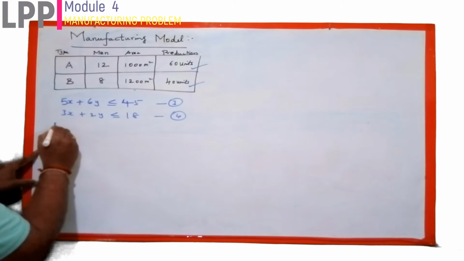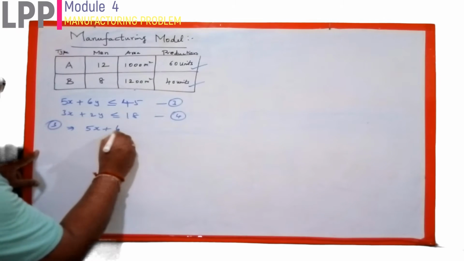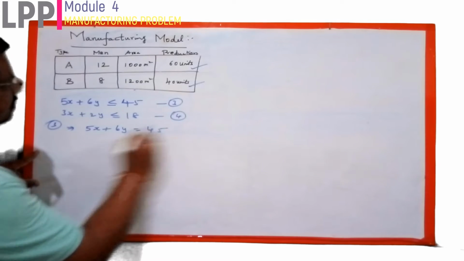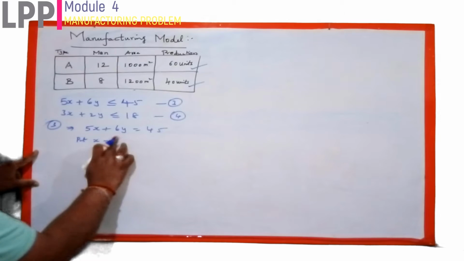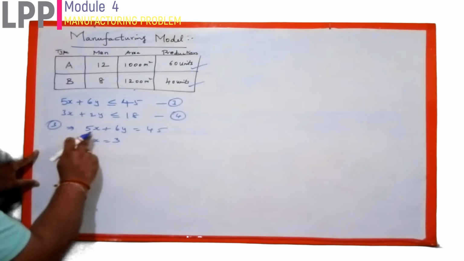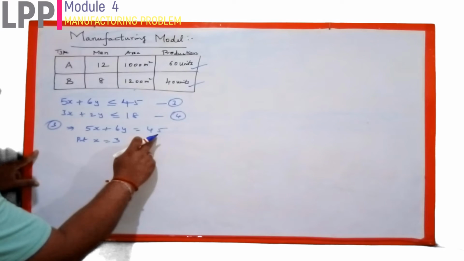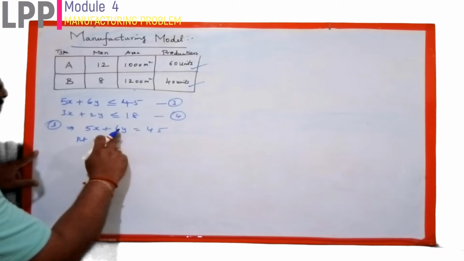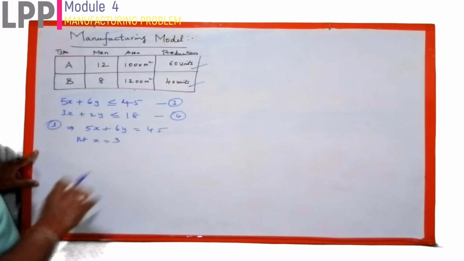Now I take the third inequation in the form of an equation, 5x plus 6y is equal to 45. As usual, first we take an x value, 0 or any number. I think 3 is suitable, because 5 into 3 is 15, and 45 minus 15 is 30, so we get y as a whole number. That will be easy for us to plot on the graph paper.